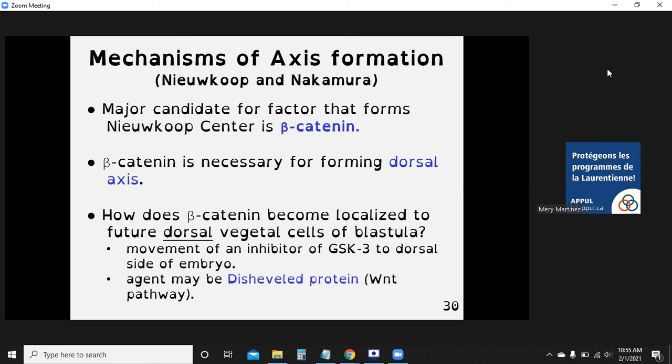So the critical event for the axis formation may be the movement of an inhibitor of this GSK3, this glycogen synthase kinase 3, into the cytoplasm to the opposite end of the sperm entrance. And this agent may be the disheveled protein. This is the WNT pathway, which is a common suppressor of the GSK3. And we saw that when we were describing the pathways.